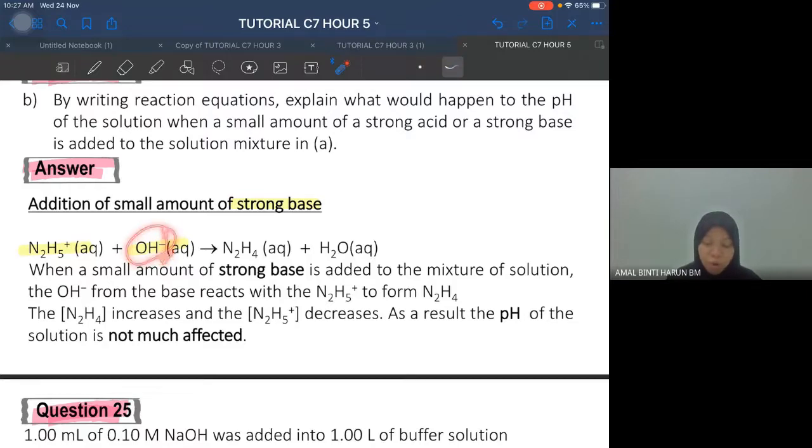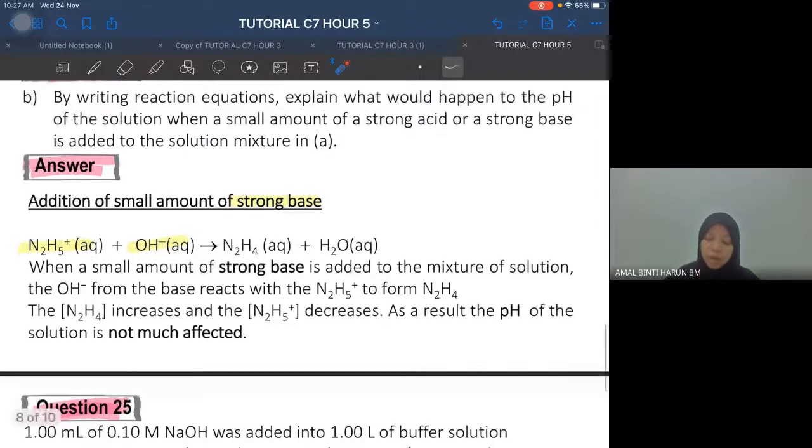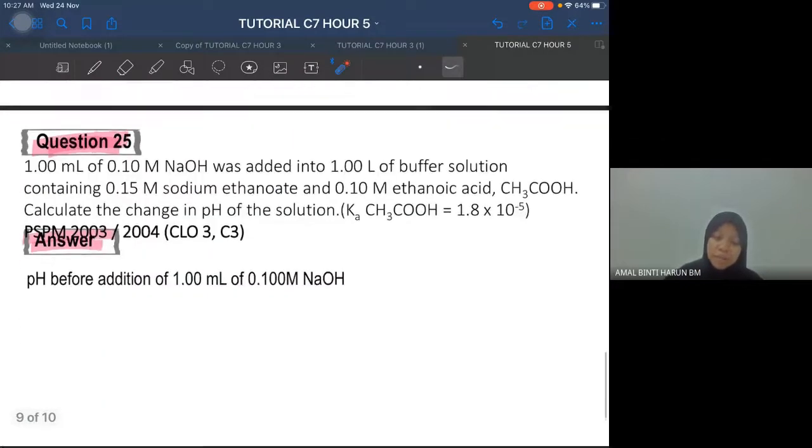So the concentration of OH minus completely neutralized by the base component and increase the concentration of N2H4. Concentration salt berkurang. So ini dah tak ada dah. Okay, because it's been neutralized. Then pH dia sepatutnya tinggi because adding this one, but it is slightly increased. Okay, or we call it the pH does not much affected.